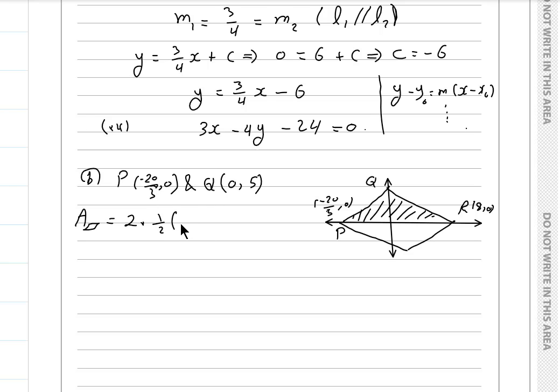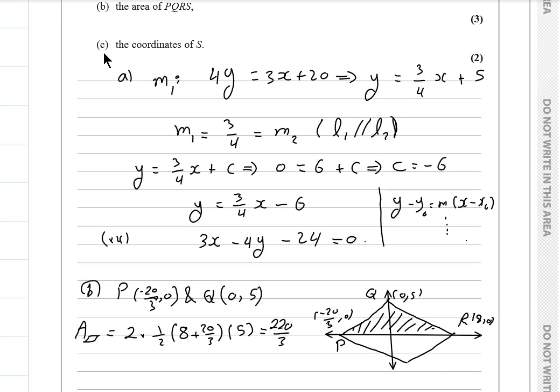Base will be 8 plus 20 over 3, and then times the height, which is 5, because Q has coordinates 0 and 5. And the answer will be 220 over 3.